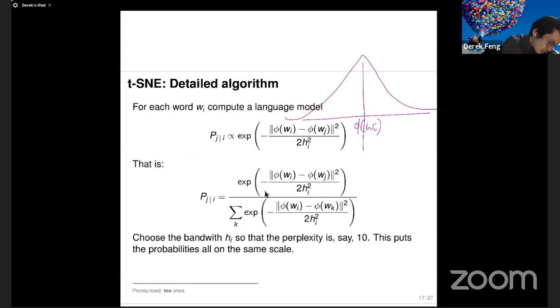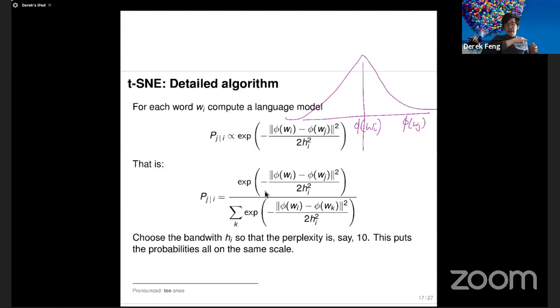So in this case, I'm going to create a language model. What is a language model? I'm going to assign probabilities to words in such a way that if phi of wj is close to phi of wi, then I'm going to assign a high probability.